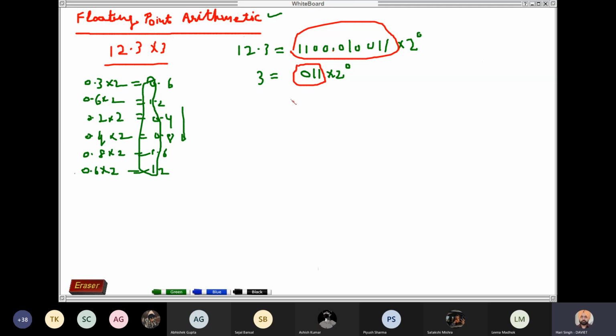So let us write it: 1, 0, 0, 0, 1, 0, 0, 1, 1 into 0, 1, 1 into 2 power 2. Then this is 0 plus 0, it is 0.